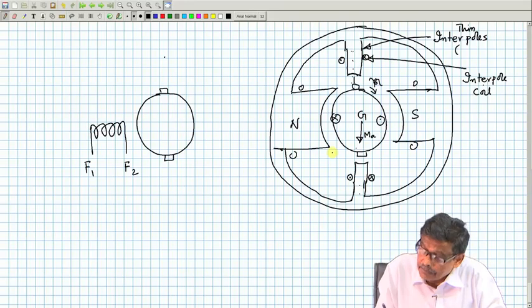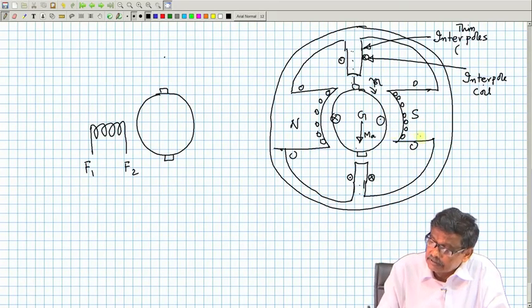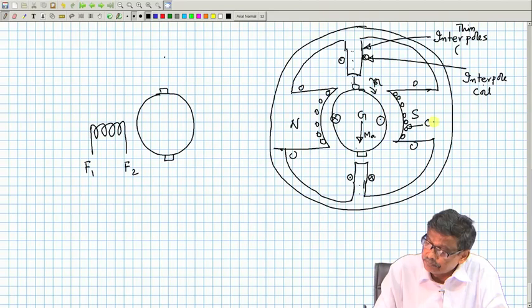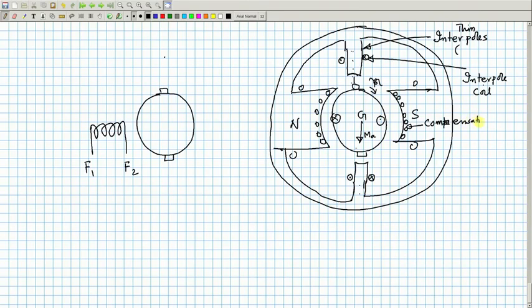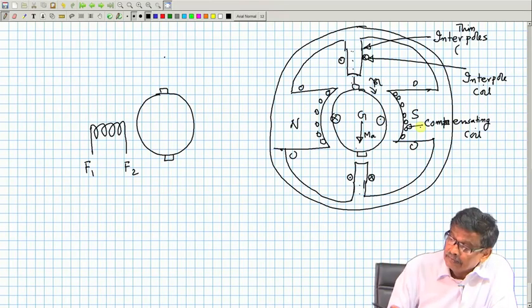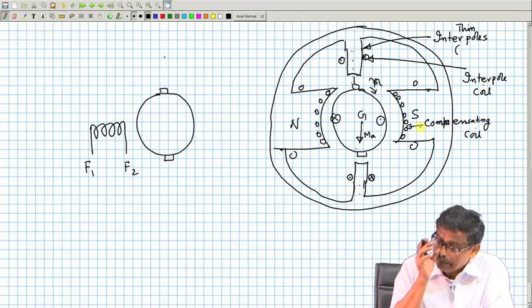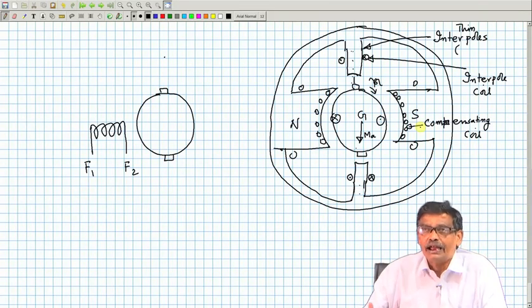For the majority of the armature MMF, I will also connect a compensating coil, whose axis will be the same as the interpolar axis. This is the compensating coil. I am just telling about the ideas.